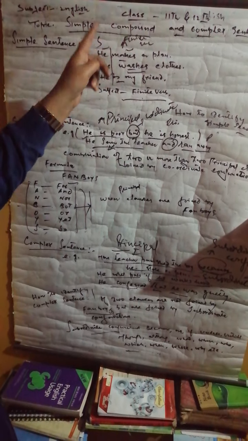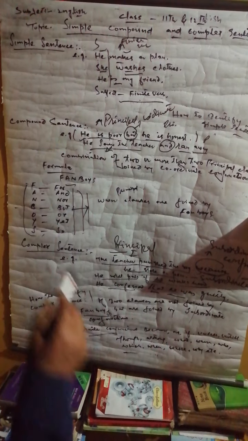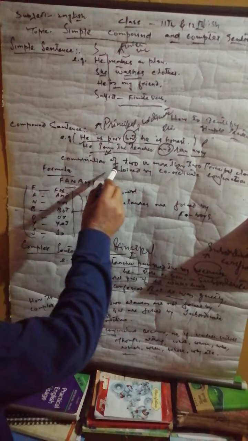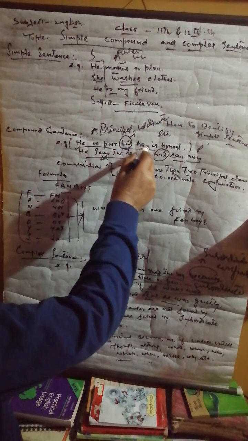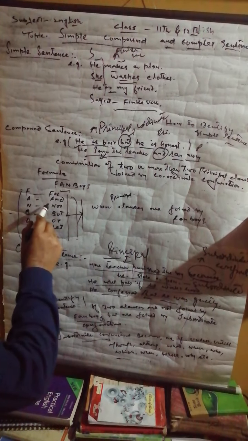So what is a simple sentence? A simple sentence is a sentence that has one subject and one finite verb. A compound sentence is a combination of two principal clauses joined by coordinate conjunctions, or we can say FANBOYS.